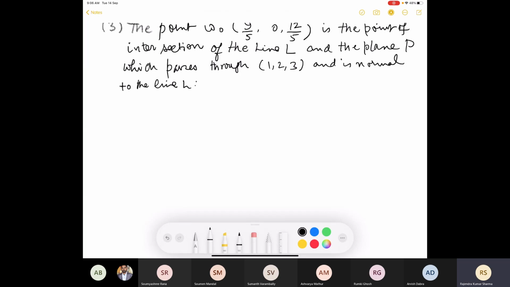L, you remember the equation of this is x minus 0 by 3 minus 0, that is x by 3, and y minus 0 by 0 minus 0, z by 4.